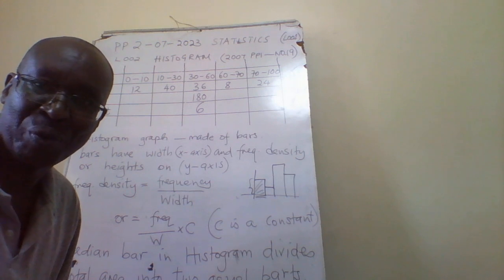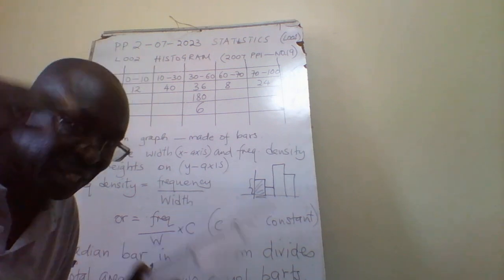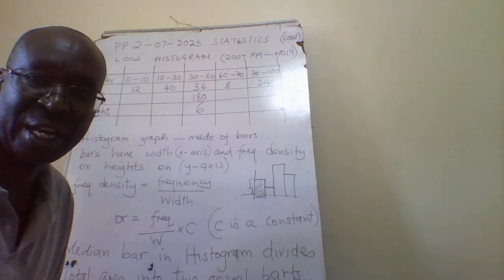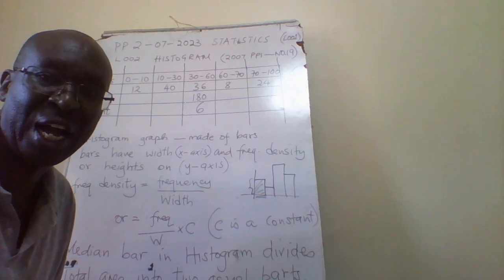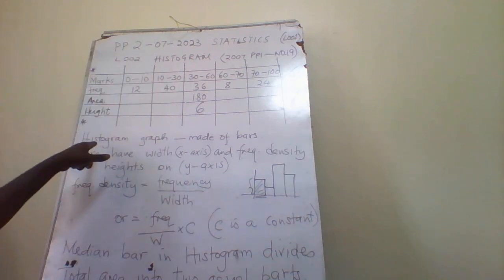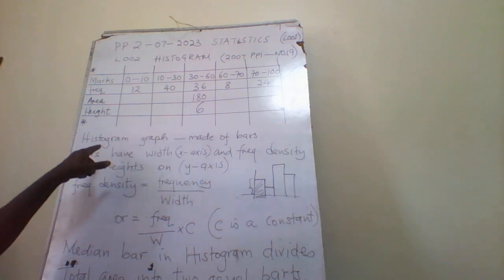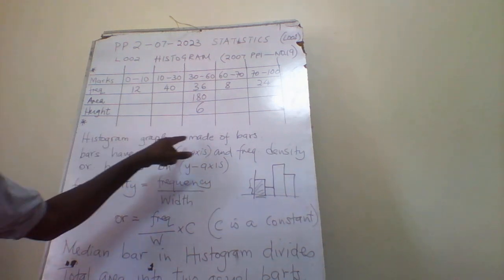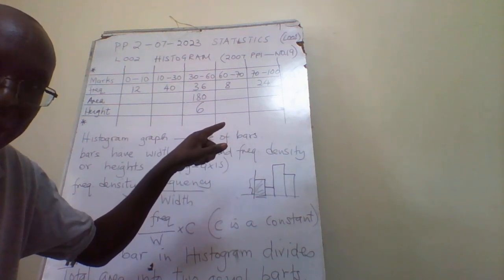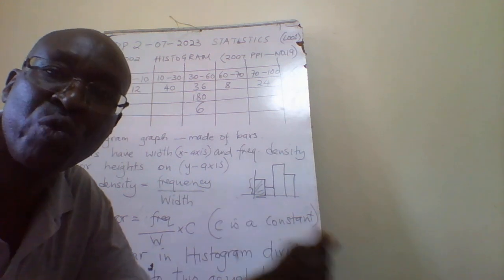So we can get the area from the bars. That is one thing you should know, that when you are doing a histogram, basically you are dealing with bars. Bars have got the height and the width.